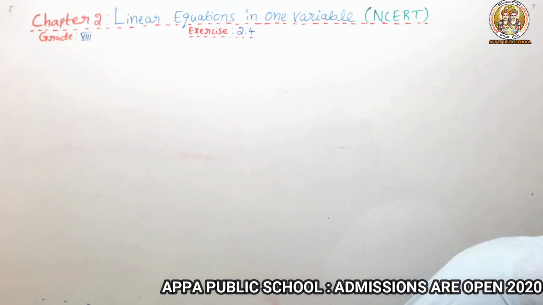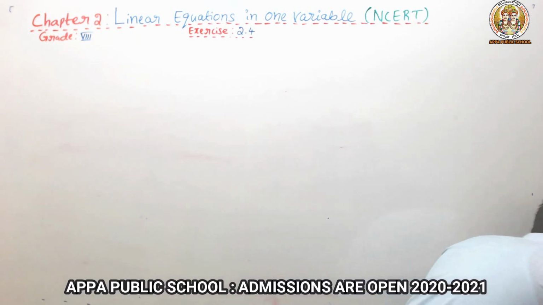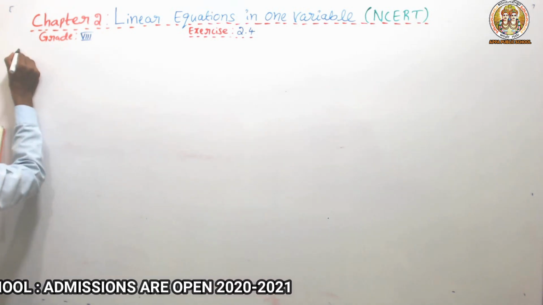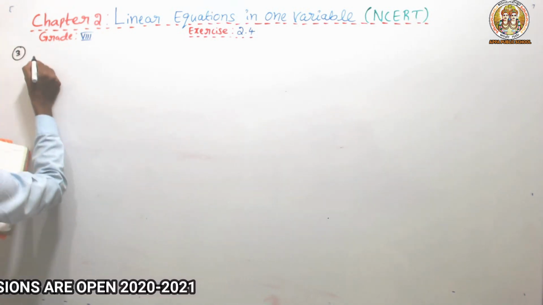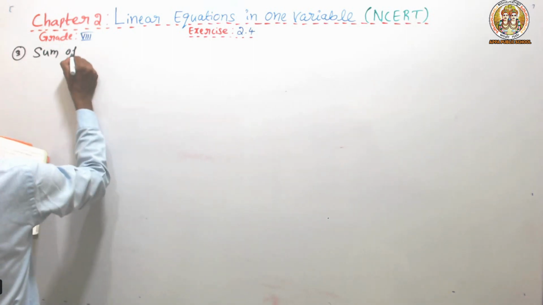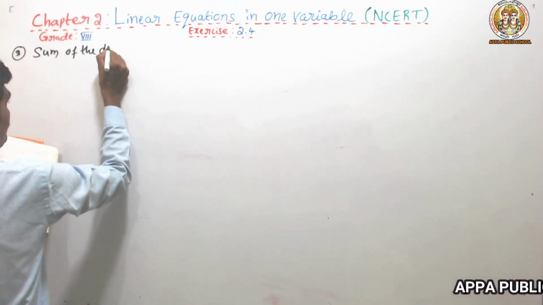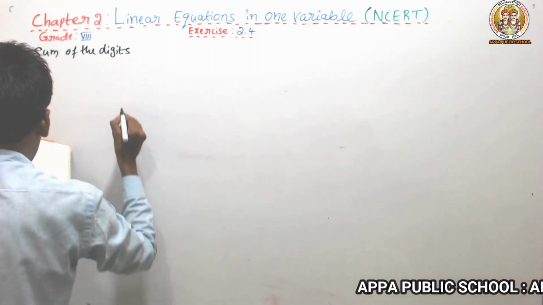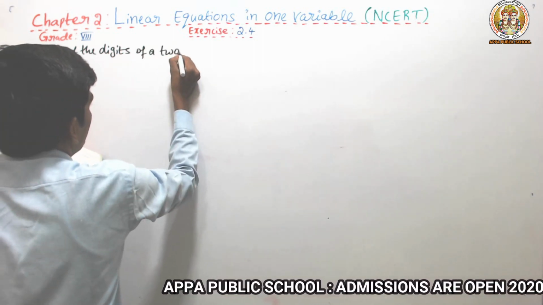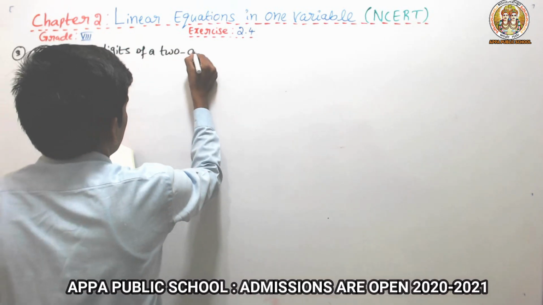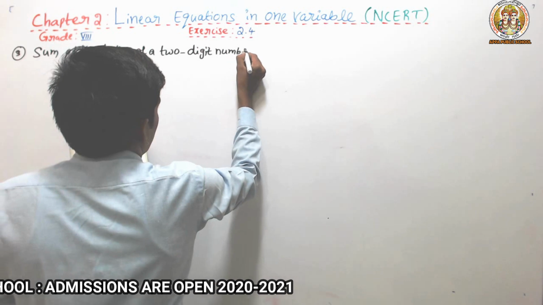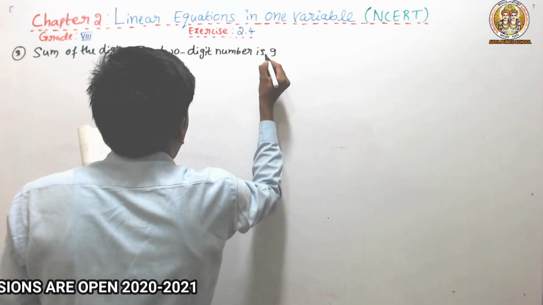Okay, third problem. Very interesting and very important question. Sum of the digits of a 2-digit number is 9.